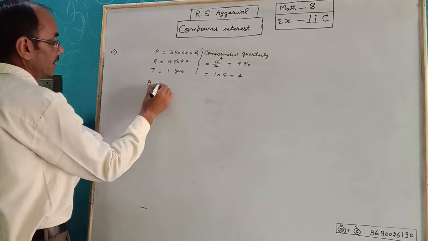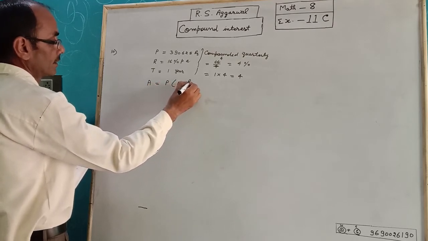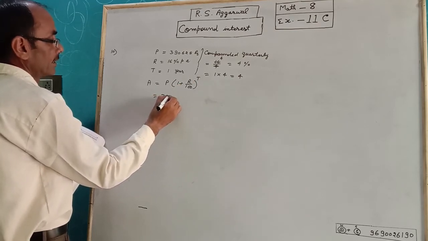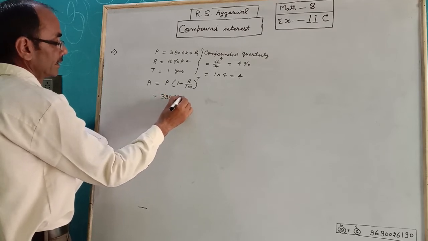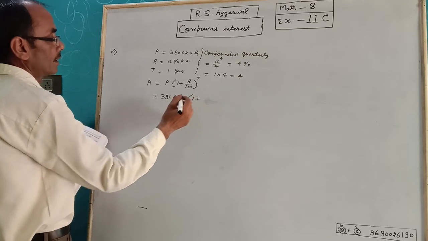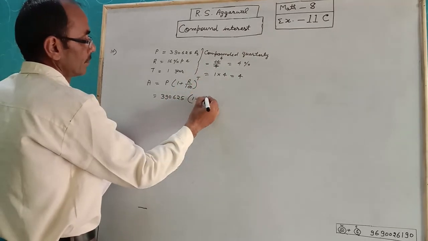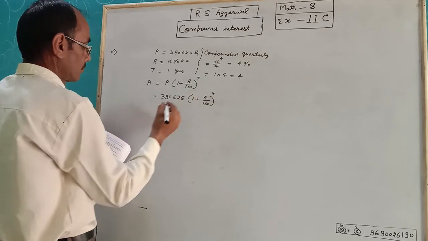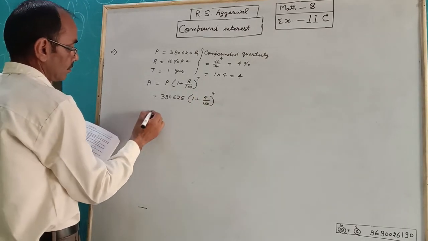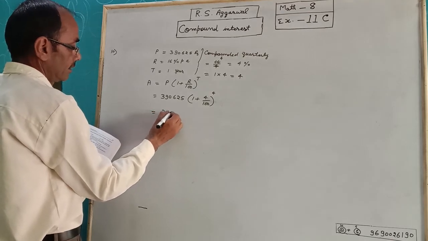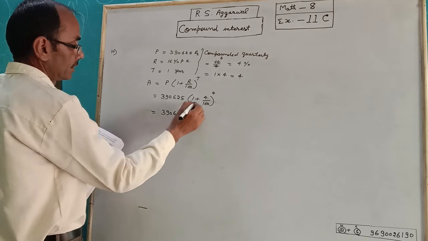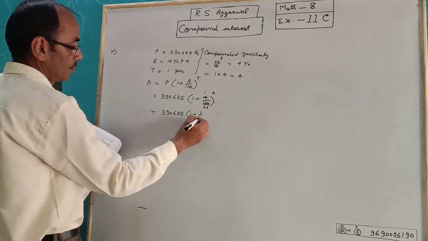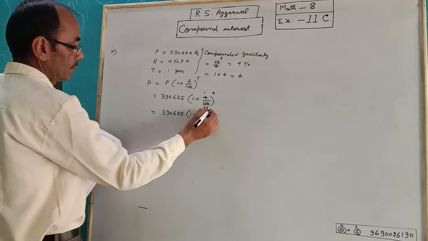Formula is A is equal to P (1 plus R upon 100) power T. P value is 3,90,625. 1 plus R will be 4 upon 100 power 4. 3,90,625, divide by 4, 1 and 25, 1 plus 1 upon 25 power 4.